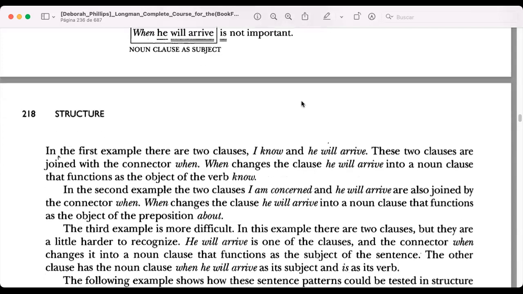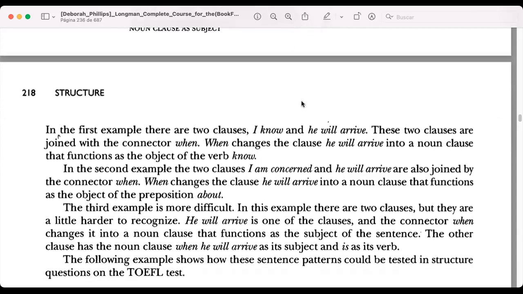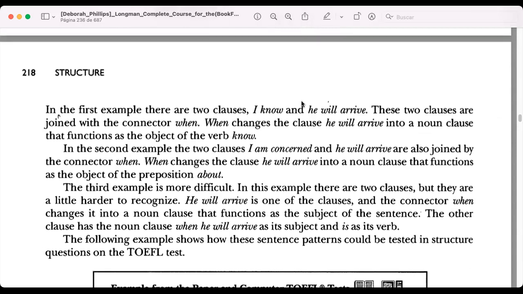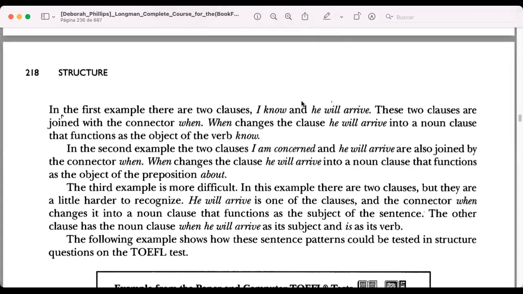The third example is more difficult. There are two clauses, but they are a little harder to recognize. He will arrive is one of the clauses, and the connector when changes it into a noun clause that functions as the subject of the sentence. The other clause has the noun clause, he will arrive, as its subject and is as its verb.